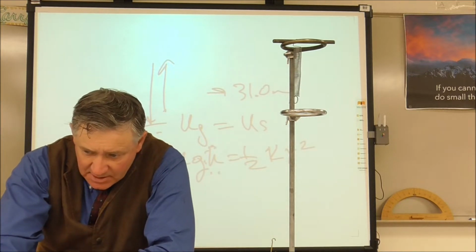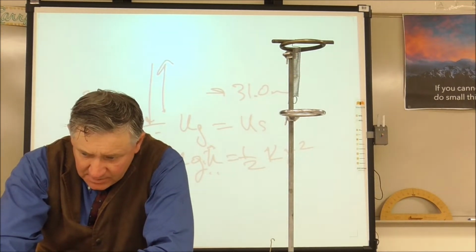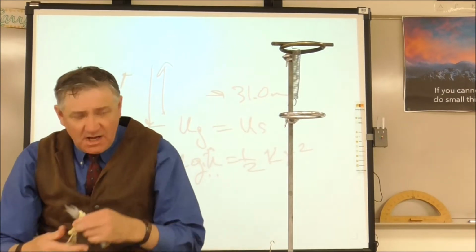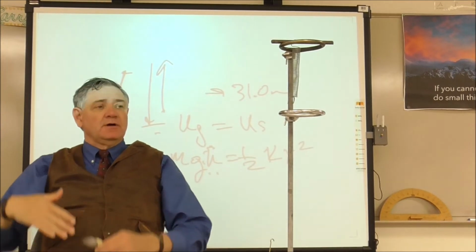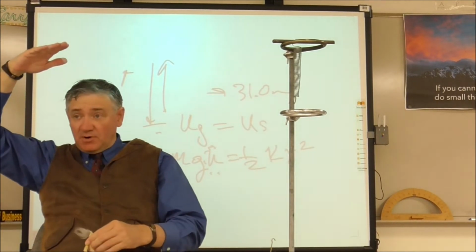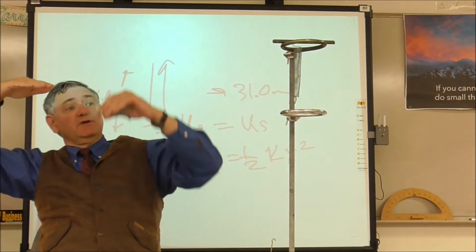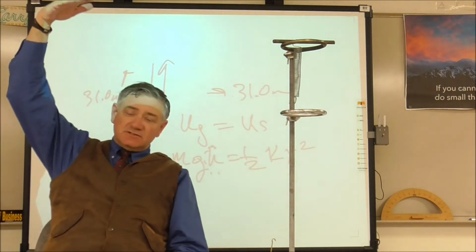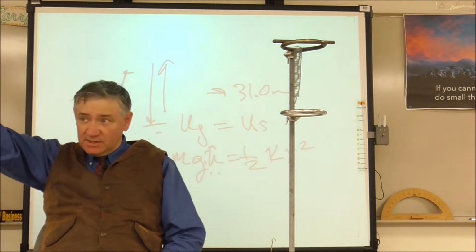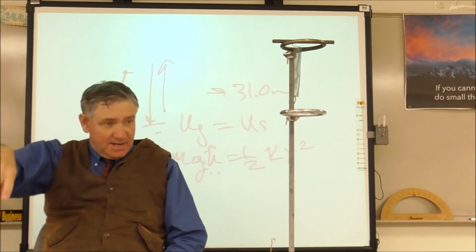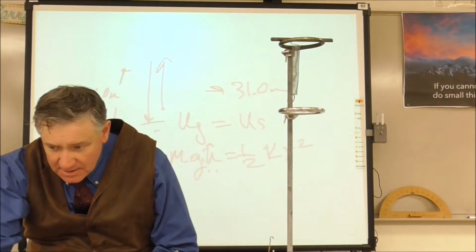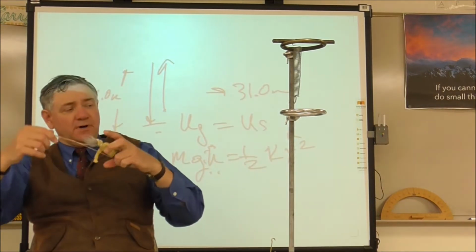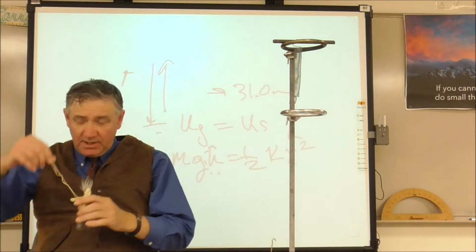This h has to be that 31 meters, which is how far they are below the bridge, okay? Because that's like if you reverse the process and you took them down here and you lifted them up, that would be the change in the gravitational potential energy. So that h has to be the 31 meters. Your x is how far the bungee cord gets stretched, okay?